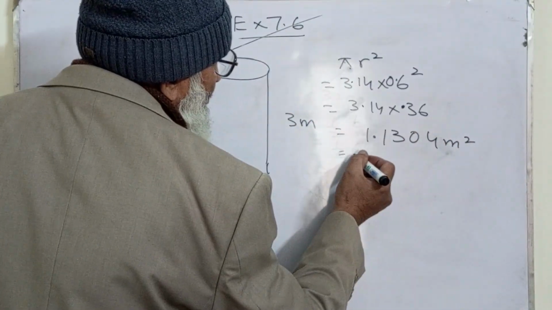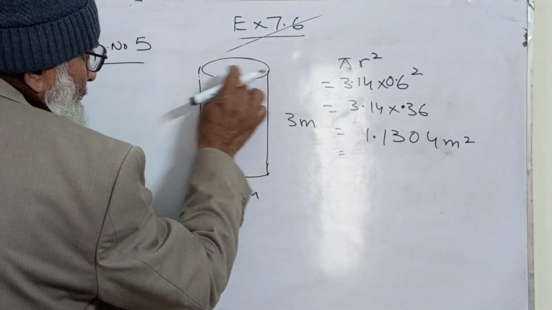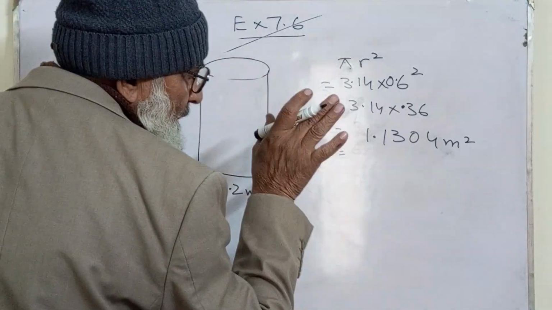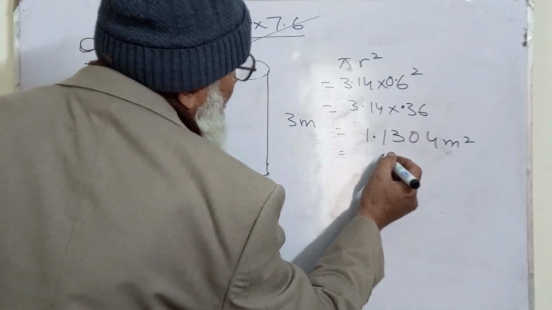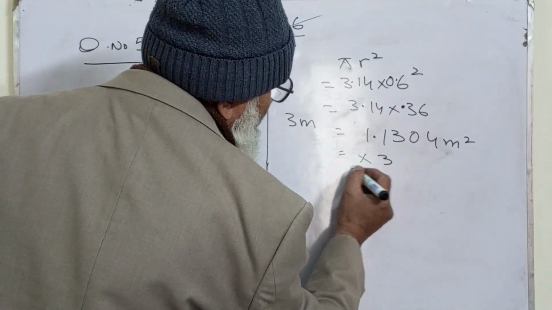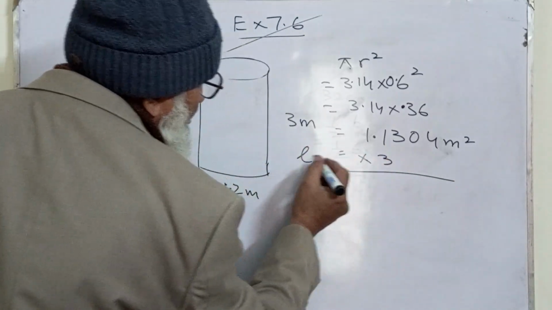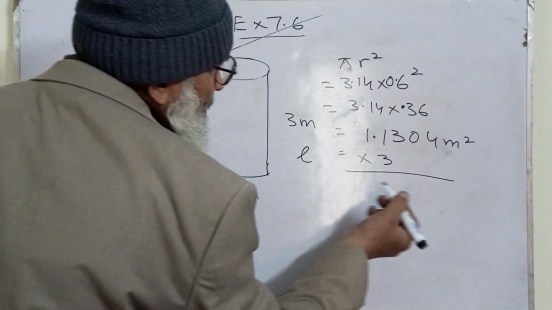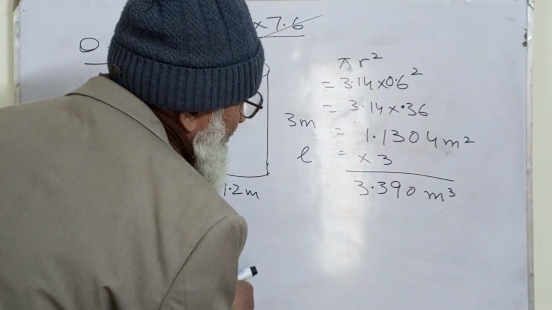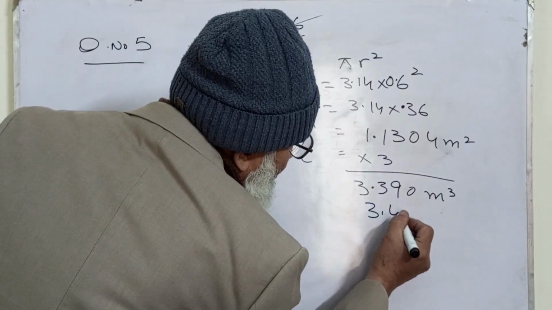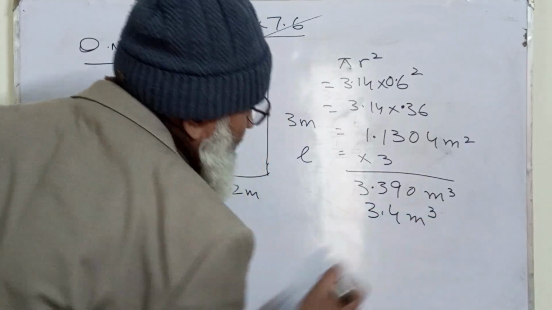Area of cross section is this, and we are going to multiply it with 3, because this is the length. So you can say it is 3.4 meters.